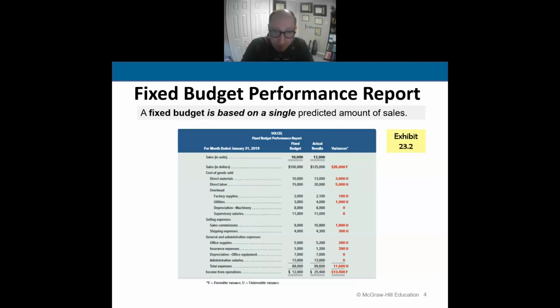The 25,000 minus the 11,600 gets me to 13,400. The 13,400 is a favorable variance. Why? Because my sales variance was greater than my expense variances, which means the total variance is favorable, 13,400.